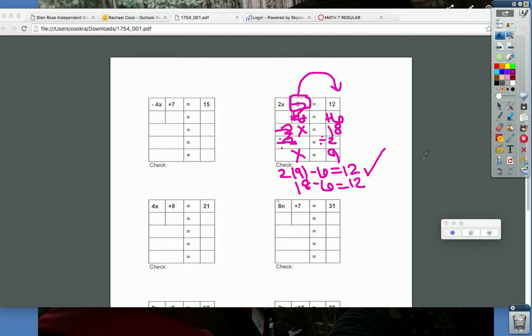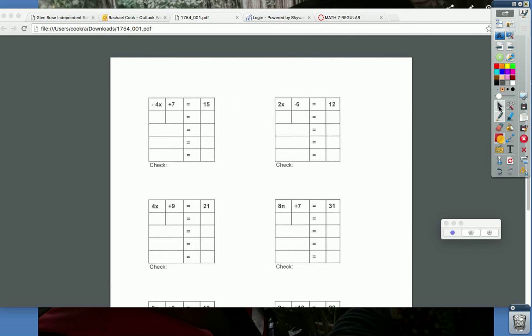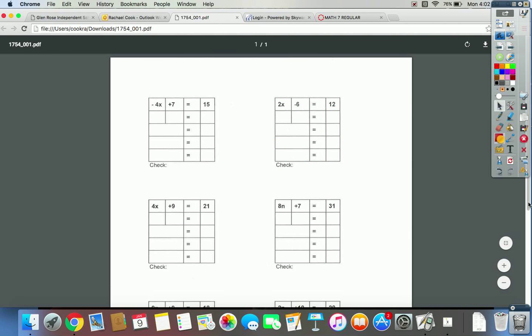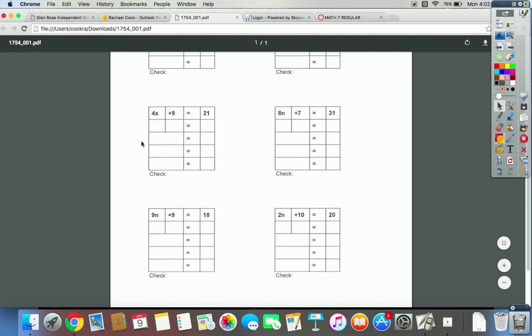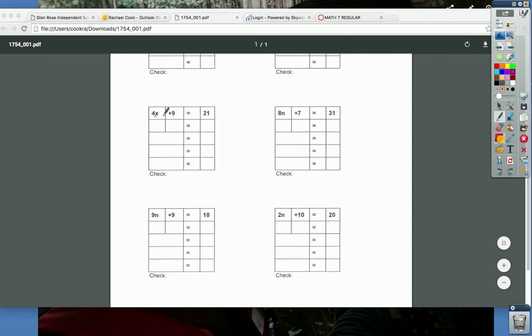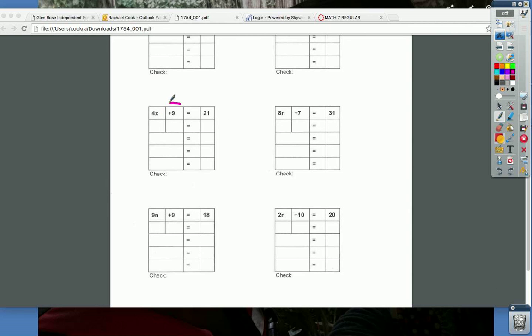I'm going to do one more. 4x plus 9 equals 21. Again, we're going to find the side with the variable, and we're going to locate the number that's all by itself. And so that's plus 9.